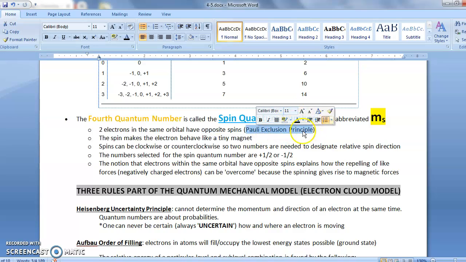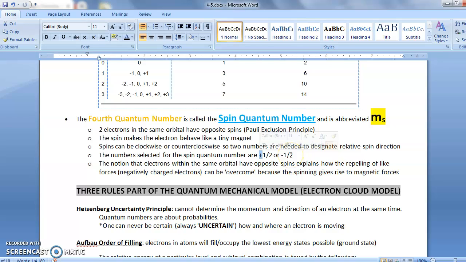If an electron in an orbital is spinning one way, it actually creates a magnetic field. A spinning electron creates a magnetic field, which will cause an electron trying to spin the same way to flip and have the opposite spin. Spins can be clockwise or counterclockwise. Which is clockwise and counterclockwise is also an arbitrary assignment. Plus half is given to the one designated as clockwise.